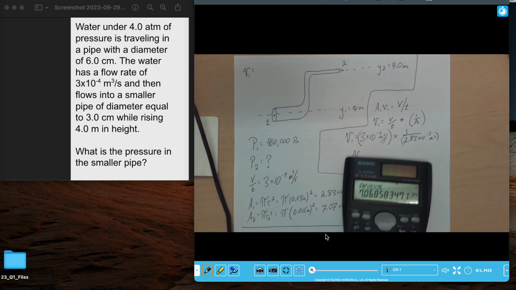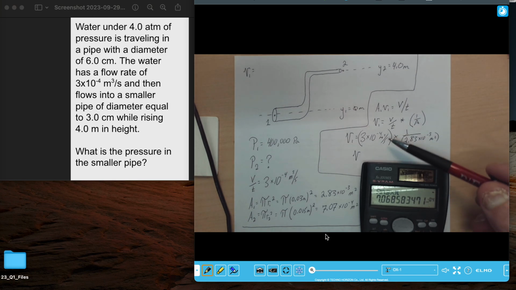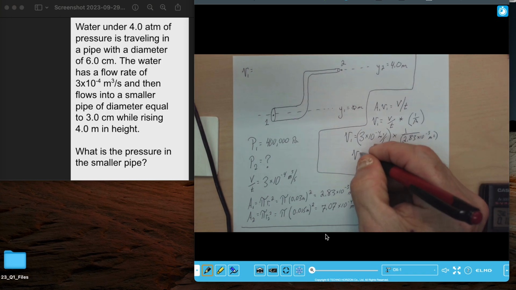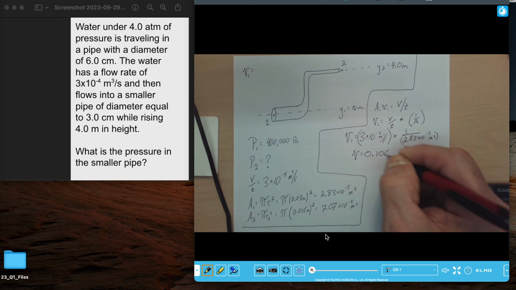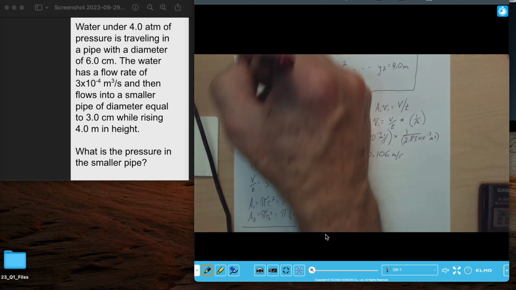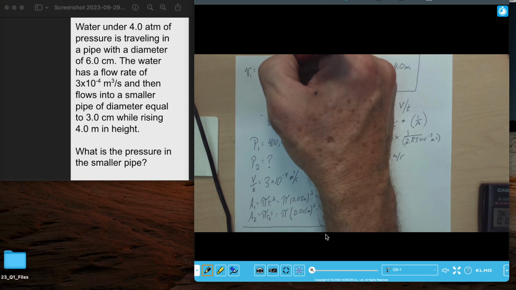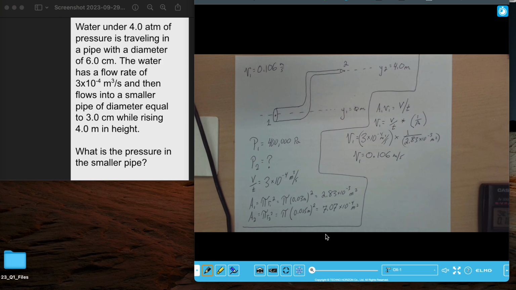The math is going to be pretty straightforward because numerator times 1 is our value, 3 times 10 to the negative 4, divided by this number here, 2.83 times 10 to the negative 3, which is 0.106. 0.106 meters per second is V1. It's not going very fast. It's going 10 centimeters a second.